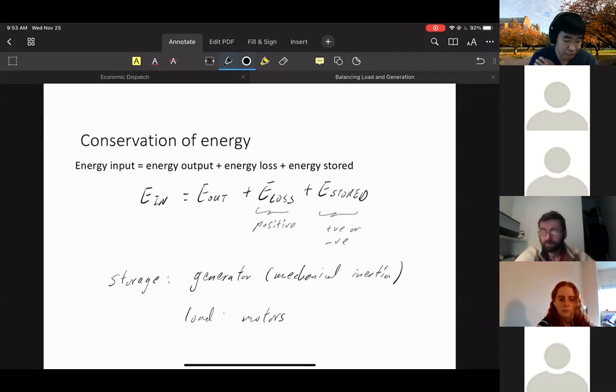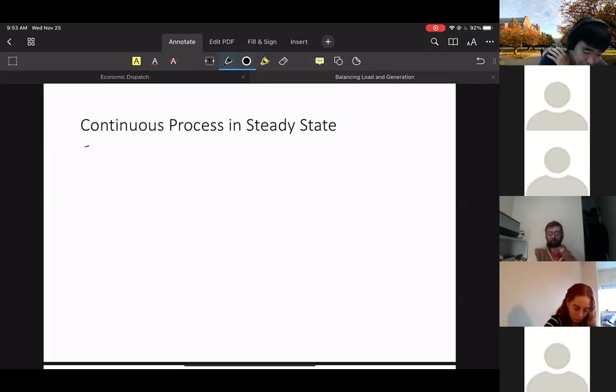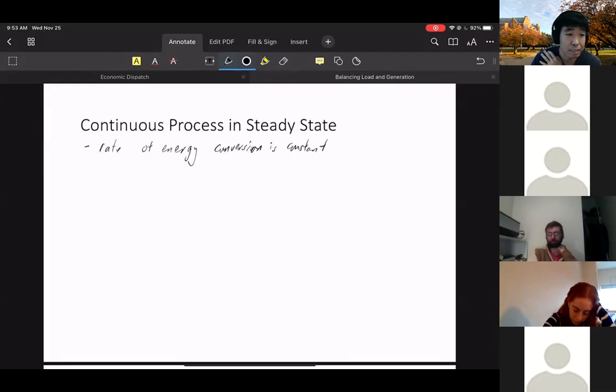So let's look at the energy storage in a more mathematical form, right? We often say a system works in steady state. So right now you can think of the power system for Seattle, for example, working at steady state. Steady state means that the rate of energy consumption and energy conversion is constant. So this means the rate of energy is constant, right?